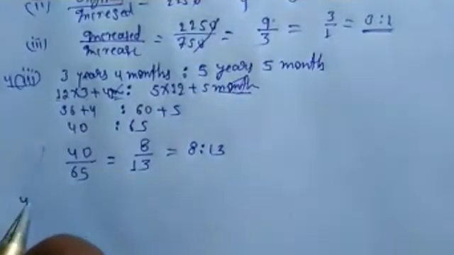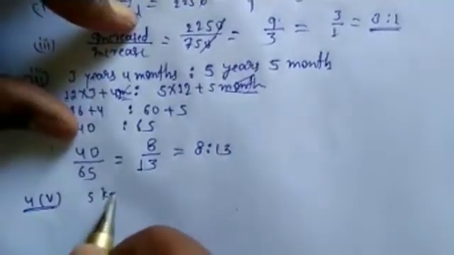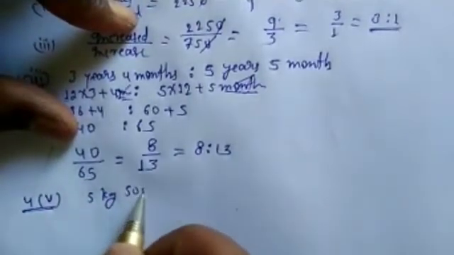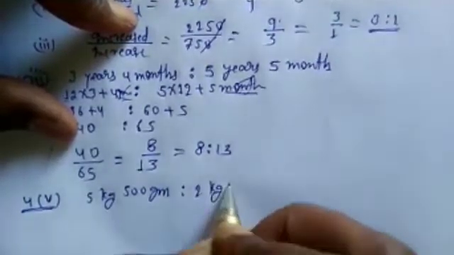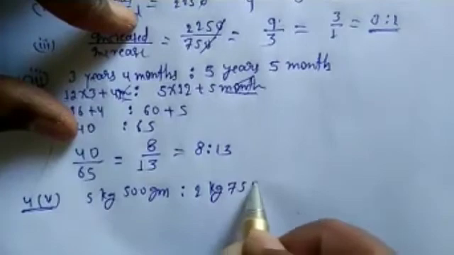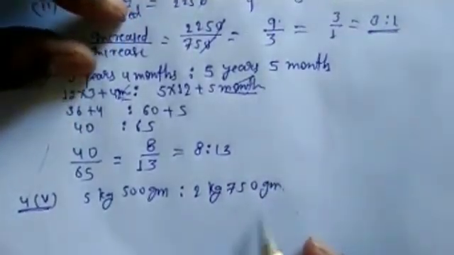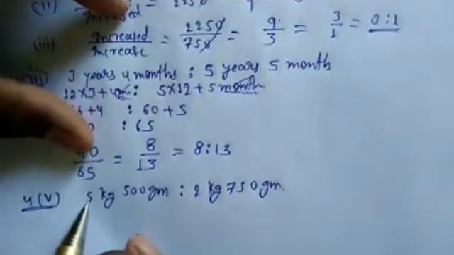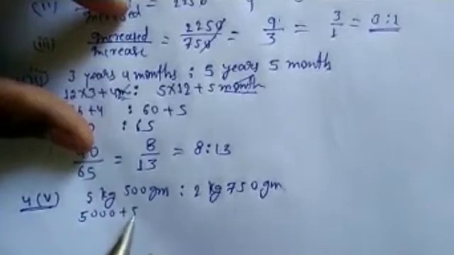Now question number 4 part 5th. Part 5th is 5 kilogram 500 gram ratio 2 kilogram 750 gram. Convert these units into gram. 5 kilogram means 5000 gram, plus 500 gram.